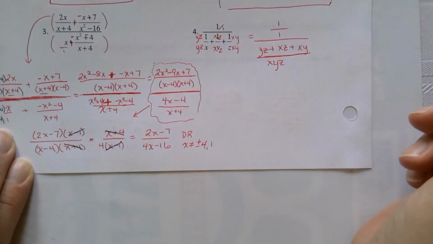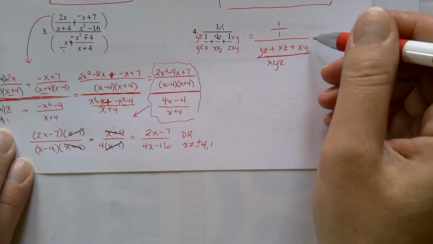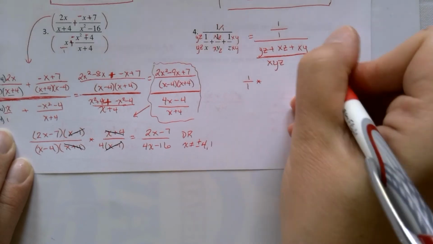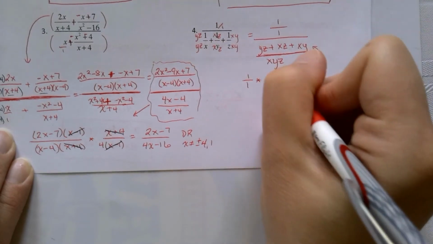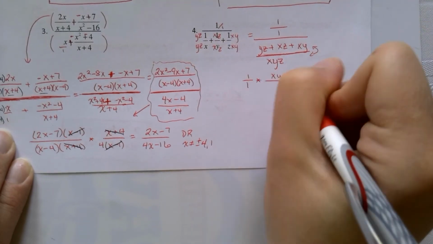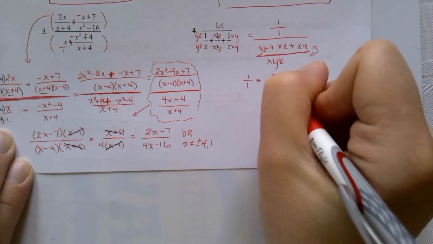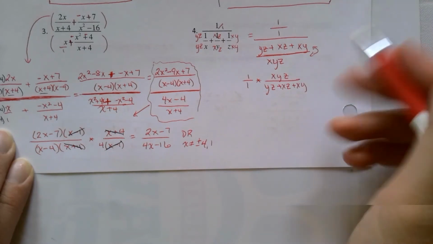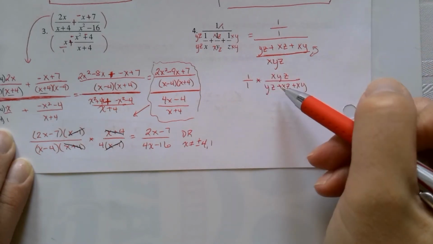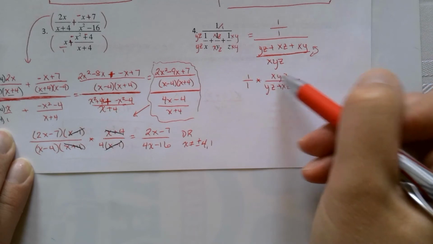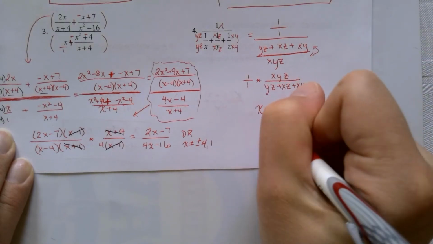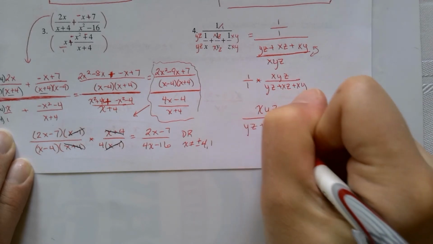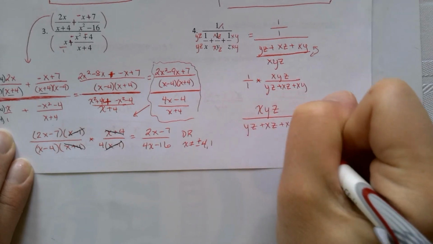And so when I go to solve this, I still have division, so I'm going to leave my 1 over 1, and I'm going to multiply by the reciprocal, which is xyz over yz plus xz plus xy. And if I'm multiplying by 1, that doesn't change anything. If this was a 2 up here, I'd have 2 of these. So my final answer is xyz over yz plus xz plus xy.